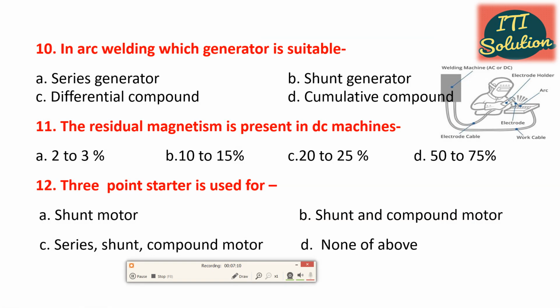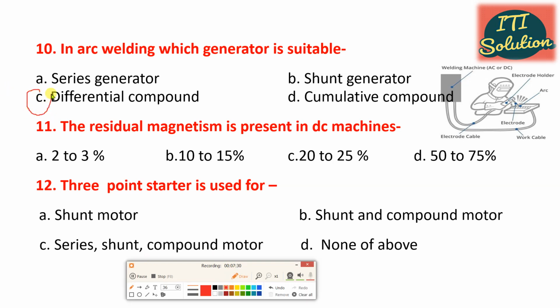Then next question. In arc welding, which generator is suitable? Option A, series generator. Option B, shunt generator. Option C, differential compound generator. And option D, cumulative compound generator. And the correct answer is option C, differential compound generator.